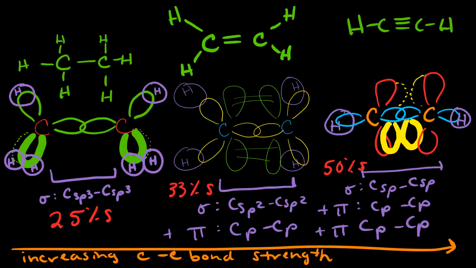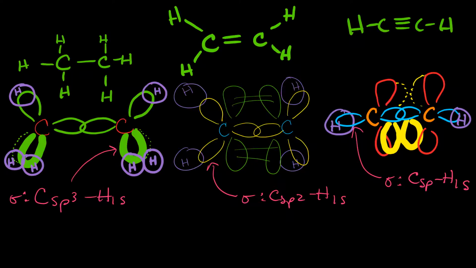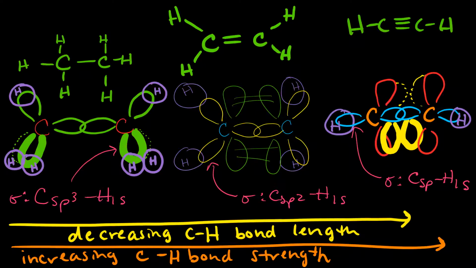Similarly, as the %s character of an orbital increases, the strength of the bond also increases. And you can observe those same trends for the carbon-hydrogen bonds. When the carbon has a higher %s character, the carbon-hydrogen bond will also have a shorter bond length and will have a higher bond strength.